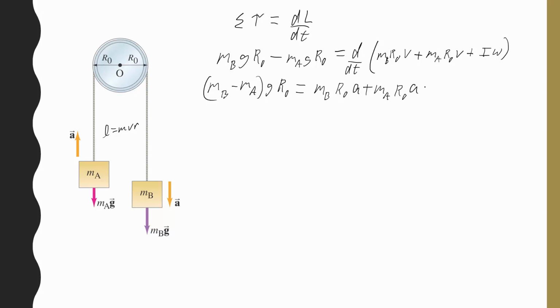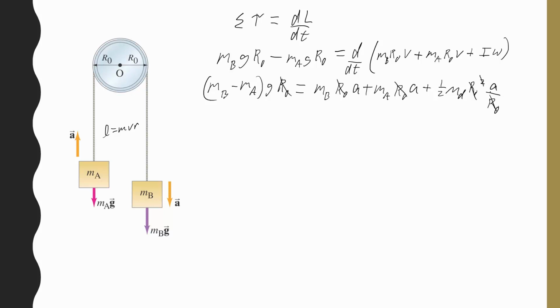Now I for a disk is 1/2 m_disk R0 squared, and the derivative of that is going to give us alpha. Now alpha, like we wrote before, is a over R0. We can cancel out one of the R0s, and the R0s can cancel because there's an R0 in every term.